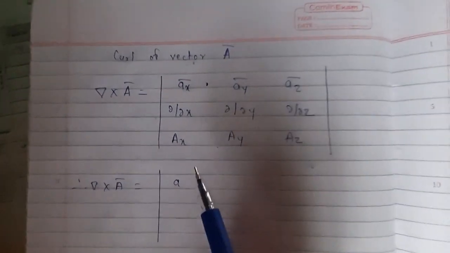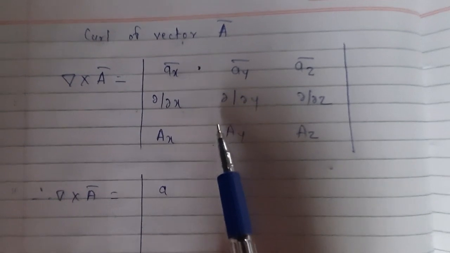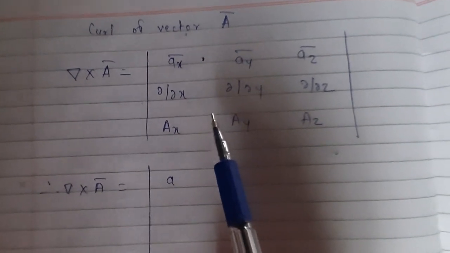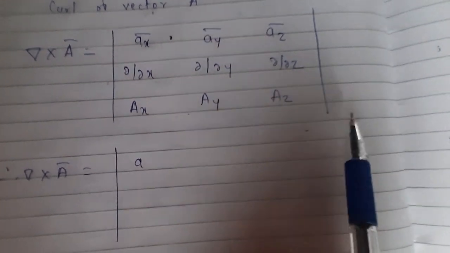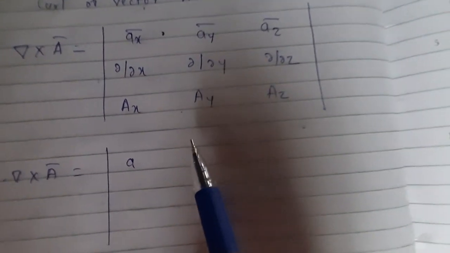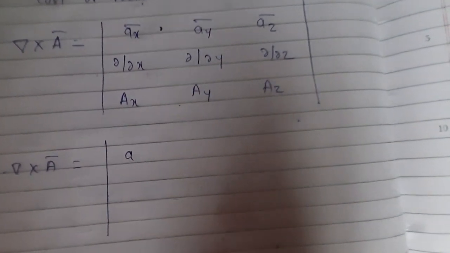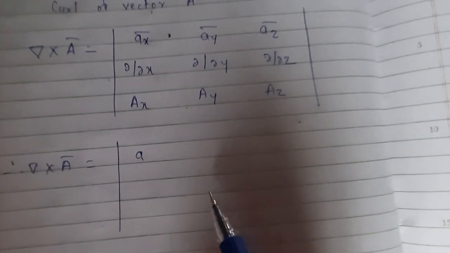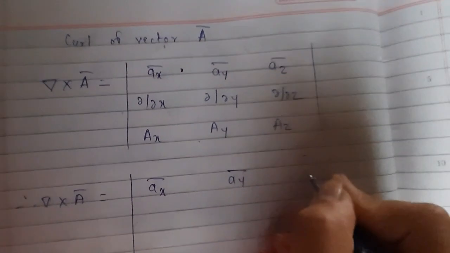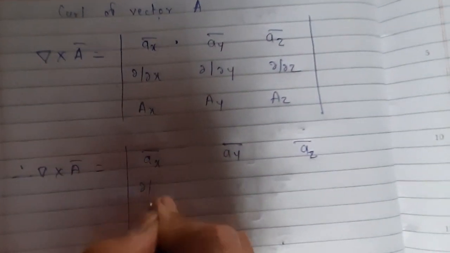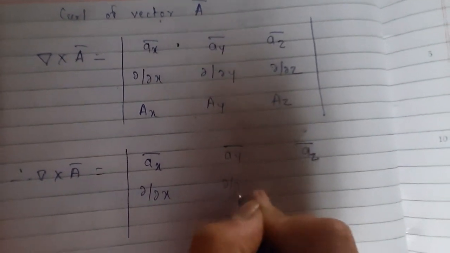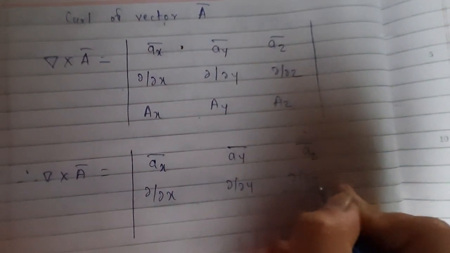this standard equation, and this is the curl of vector A bar. So now we have the values of Ax, Ay and Az. We replace these values in this determinant. So it is ax bar, ay bar and az bar, d by dx, d by dy and d by dz.